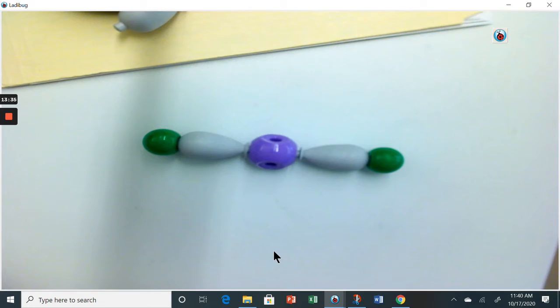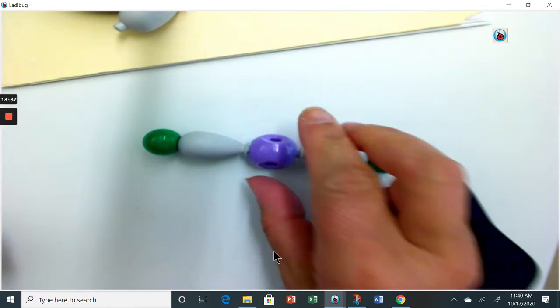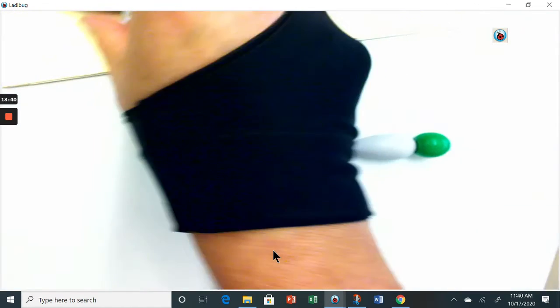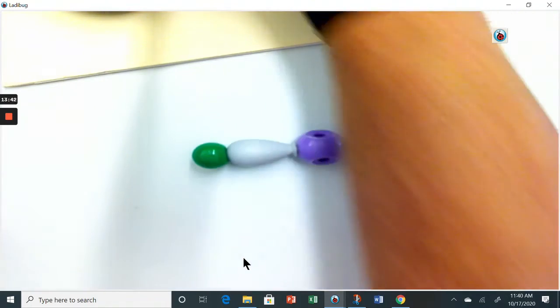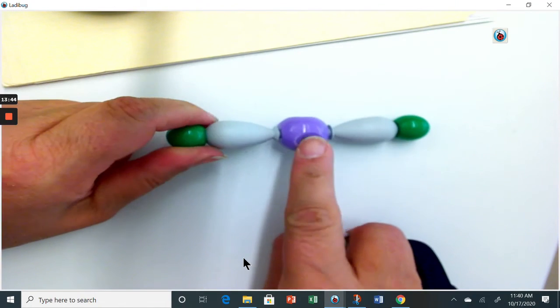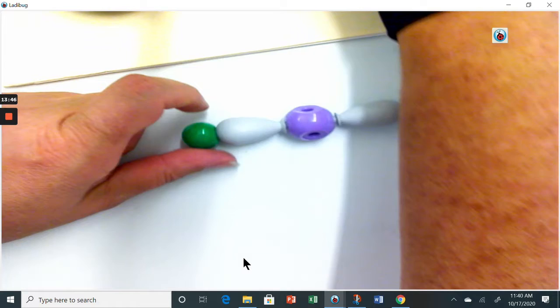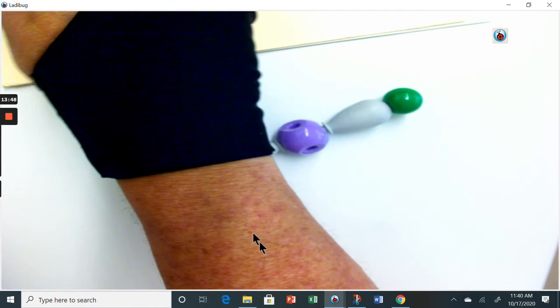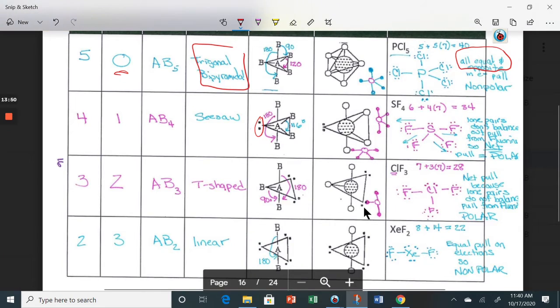Okay, so here's my line now from something that started with 5 domains. But we had 5 domains, we have 2 bonding, 1, 2, 3 non-bonding. Okay, so now we're down to linear, which is kind of a weird thought, but it follows this particular thing. Again, this will have a net pull, this will not because we're equal and opposite.